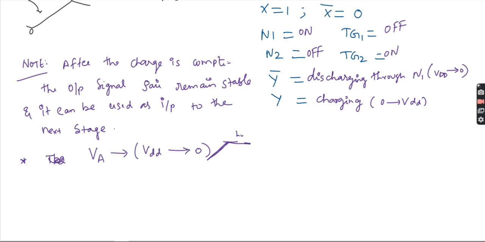This will be your hold, that is for stable. Next it will be recover. This portion is recover. That is the meaning of that. When VA goes from VDD to 0, then it is very important. Earlier I said the circuit is energized. Here the circuit is de-energized.